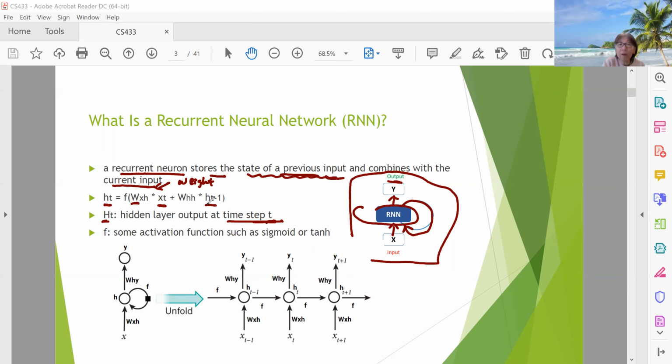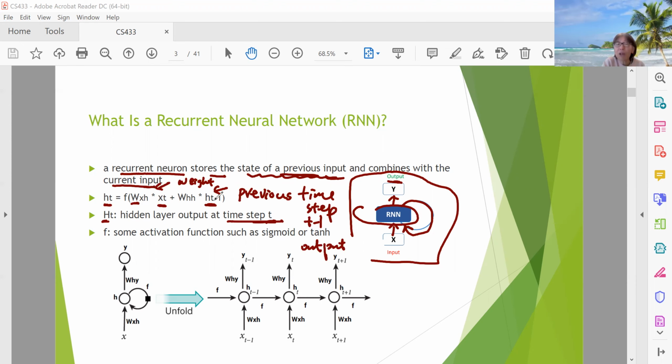And here we have H t minus 1. This is not the previous layer, I'm sorry. It's the previous time step, t minus 1, output.